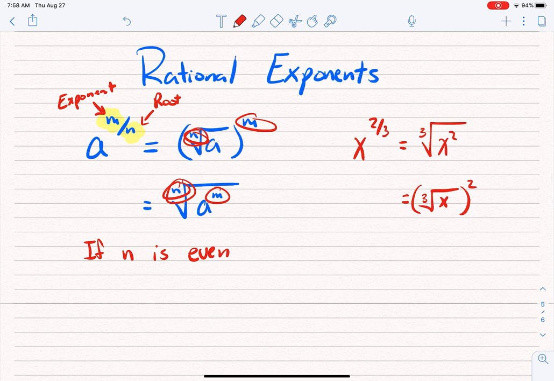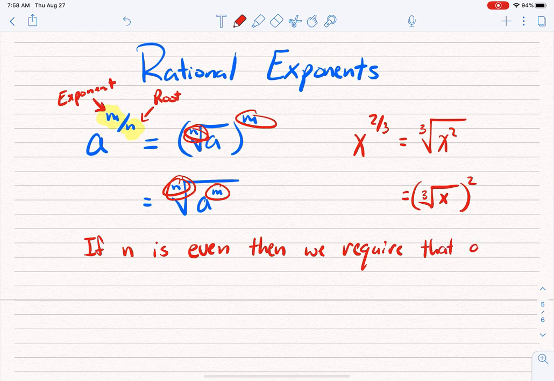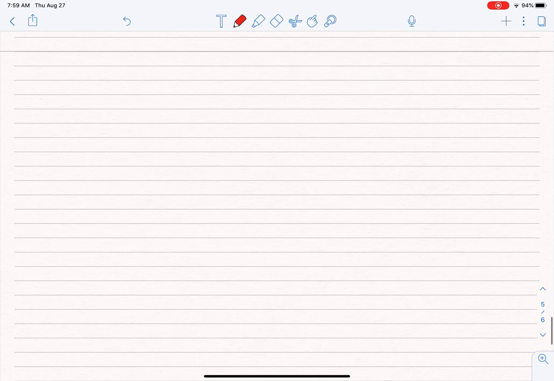If n is even, then we require, it's almost like they're making a little assumption here, we require that a be greater than or equal to 0. That way we don't have to even worry about that whole absolute value business. Okay, let's just deal with this as much as we can. Okay, rational exponents, these are simple. All right, so let's go.